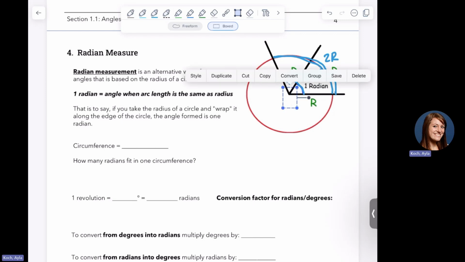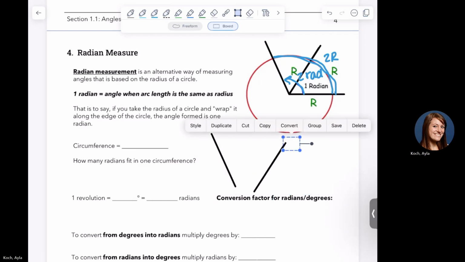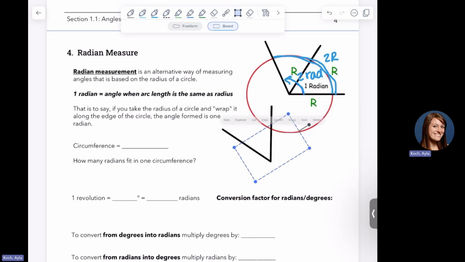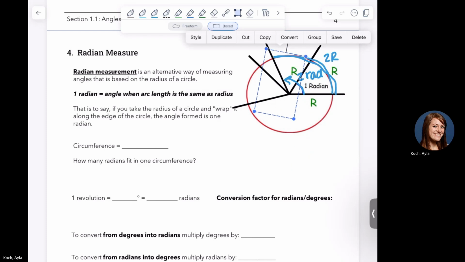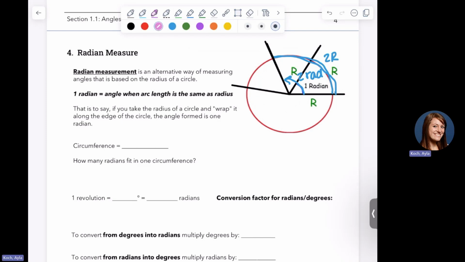And then here, I'll do this in pink. This entire distance would be 3 radians. 3 rad.